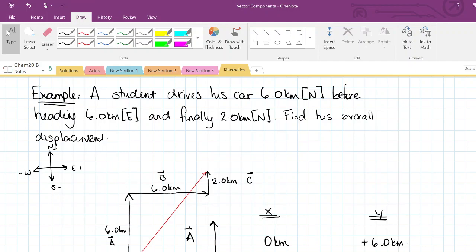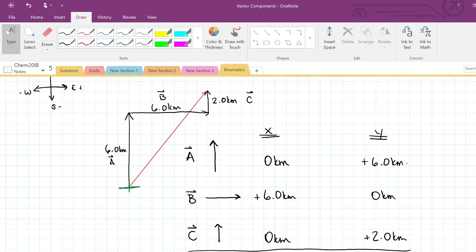First thing we do with all of these component questions, we're always going to list our x and our y. And then here in the left margin, I'm going to put the vectors. So I've got my A vector, B vector, and C vector. And I always draw the vector so that I can keep myself oriented.